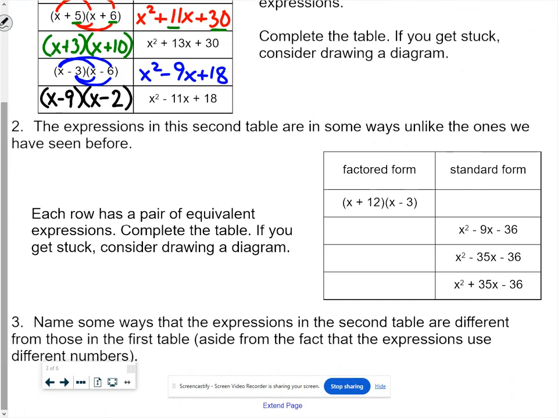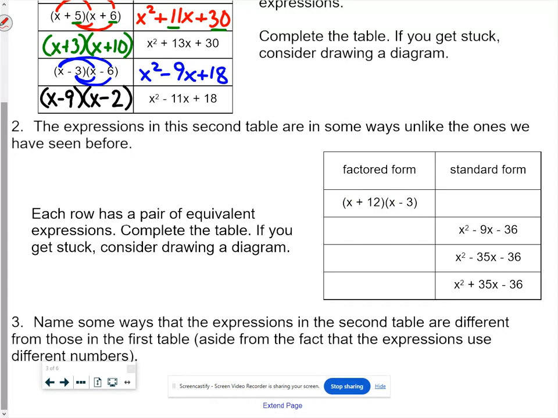So if you turn the page to page 206, now I've got something different. I want you to notice, even in just the factored form, they're giving us a problem that starts with an addition and a subtraction, different than what we did in our last lessons, right?